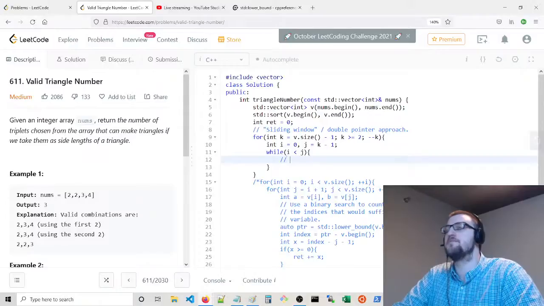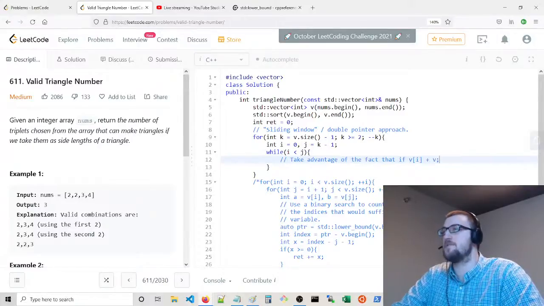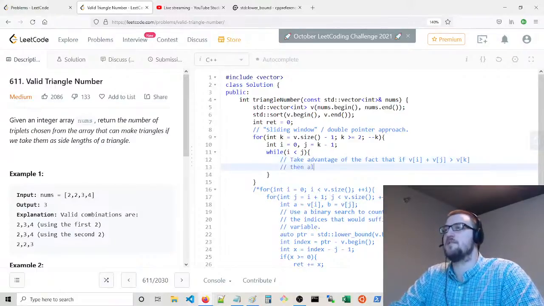So take advantage of the fact that if v of i plus v of j is greater than v of k, then all of the values in between i and j can be used.